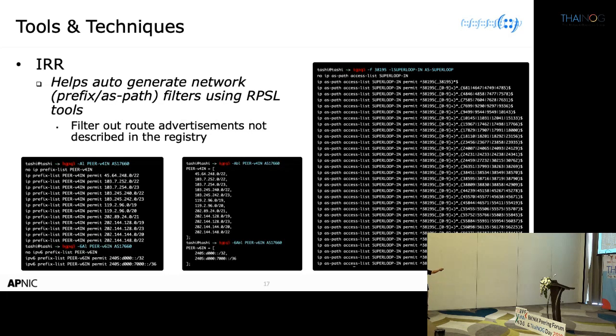And this is an example if you are peering with someone who has lots of downstream customers. In this case, I'm using an Australian ISP called Superloop. They have lots of downstream customers, lots of autonomous systems behind them. So you can't create prefix filters individually because then your filters would be very long.